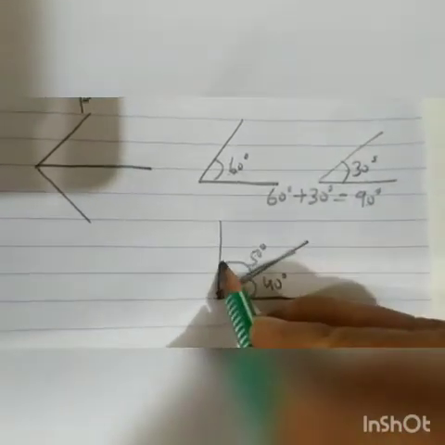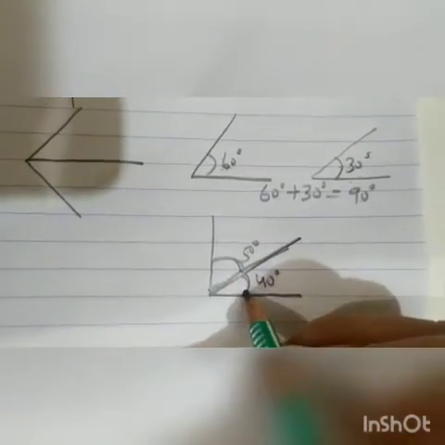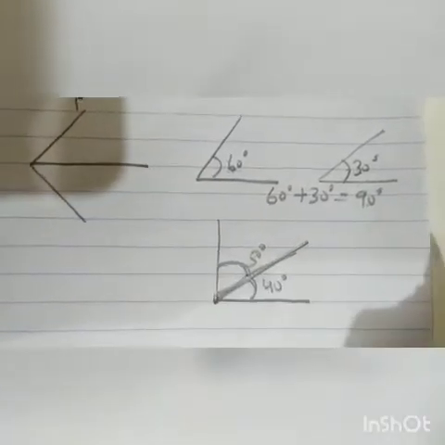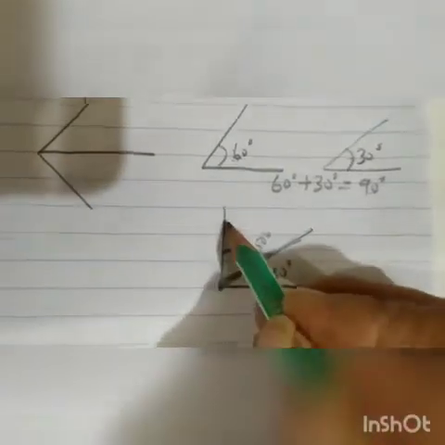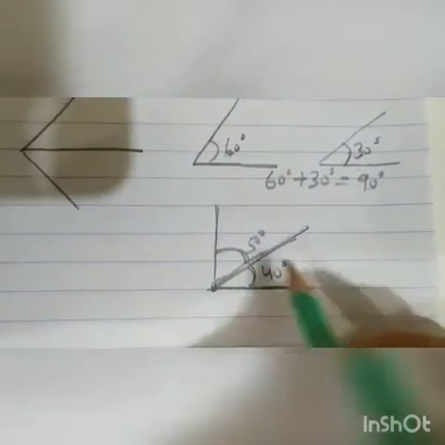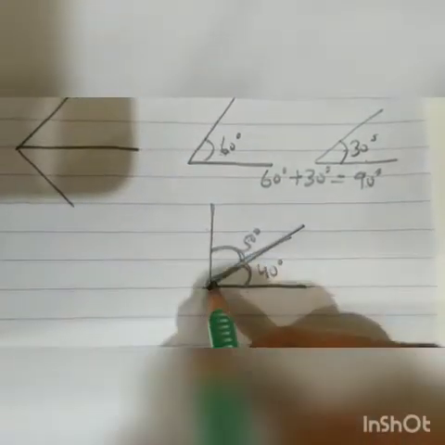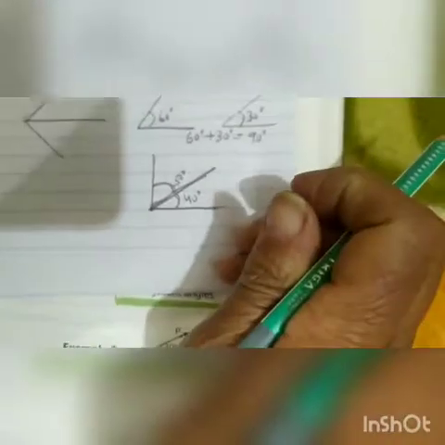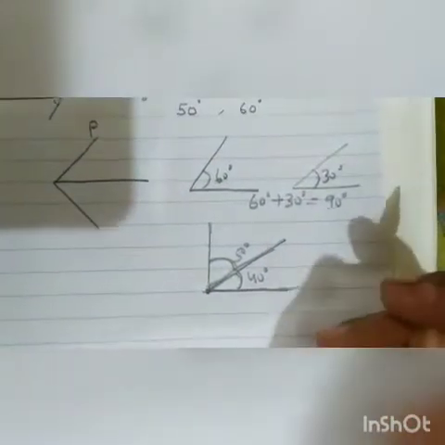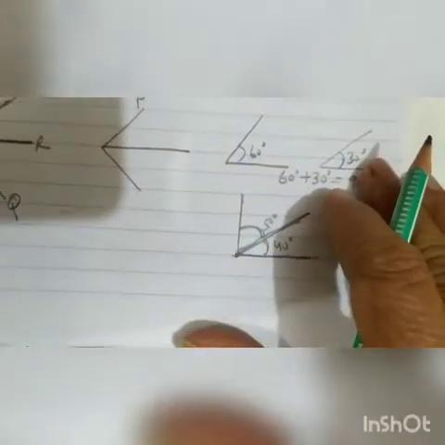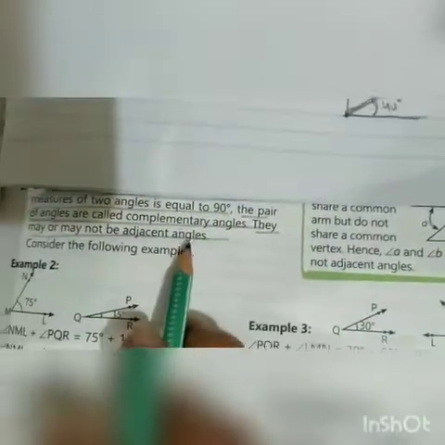This arm is for the 50 degree angle and for the 40 degree angle also. Both these angles have a common vertex, and their non-common arms are this arm and this arm. Both are on opposite sides. One is on this side and the other on this side. So if the sum of the measurement of two angles is 90 degrees, then they are known as complementary angles. They may or may not be adjacent angles.